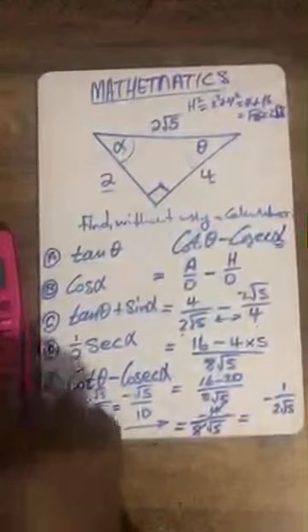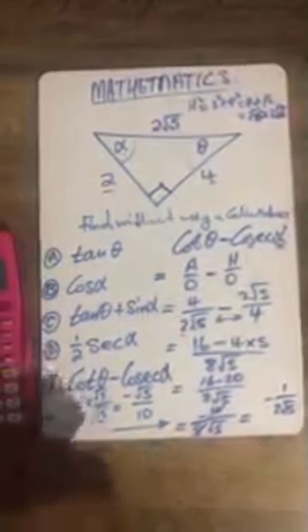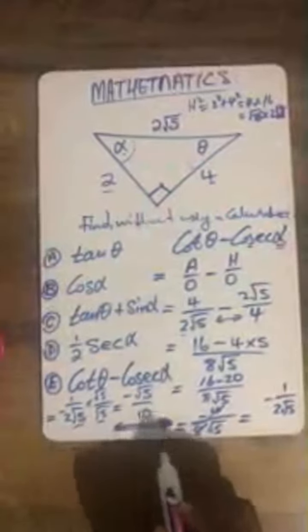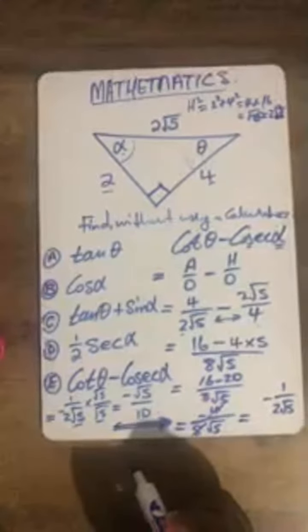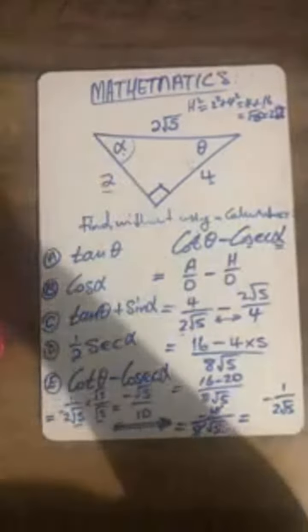Only for that purpose. Let me say 2 square root of 5. I'm about to find out if I made a mistake somewhere. Let's see. No, I'm correct. I'm not sure if you are able to see, guys, but this one is negative square root of 5 over 10. That is the correct answer.